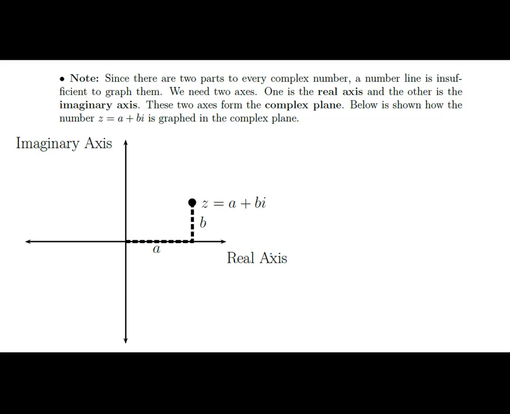All right. So one of the things we do with complex numbers is we can put them on a graph that helps us represent them. So since there are always two components to any imaginary number, we need a two-dimensional graphing system to be able to graph them. So contrast this with all the real numbers, right? All the real numbers, it's sufficient just to make a little number line.